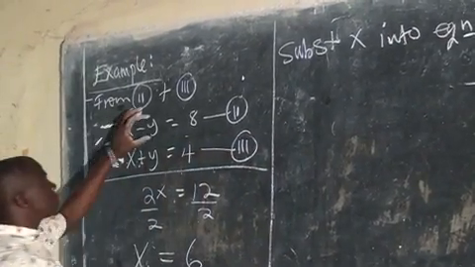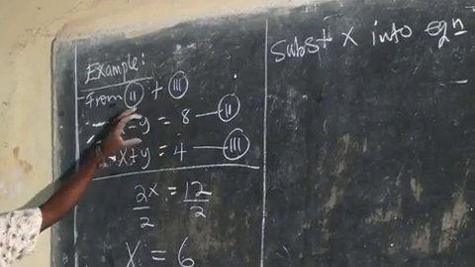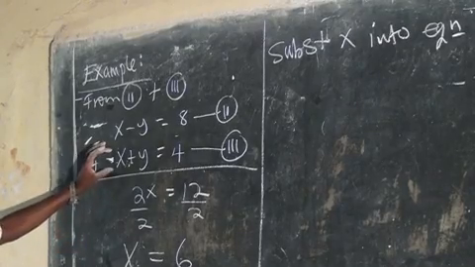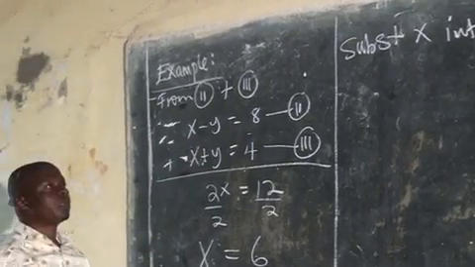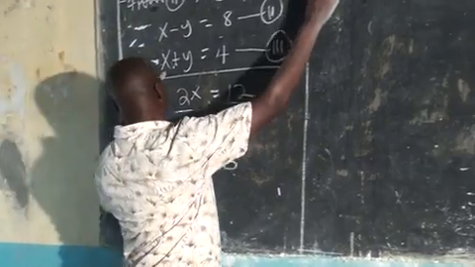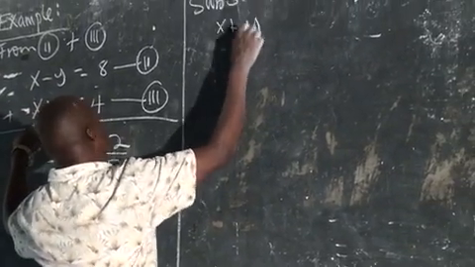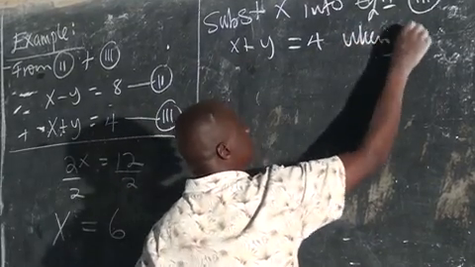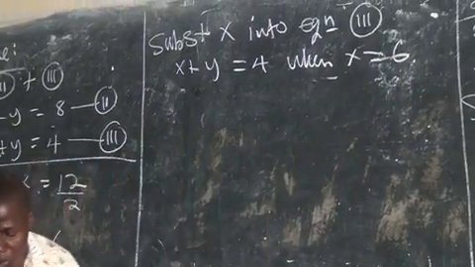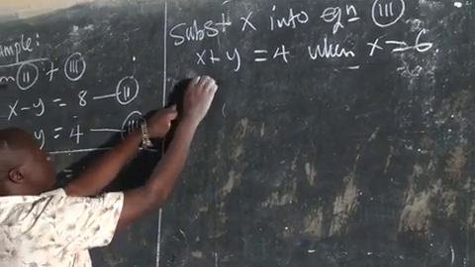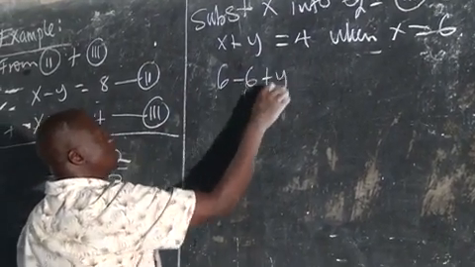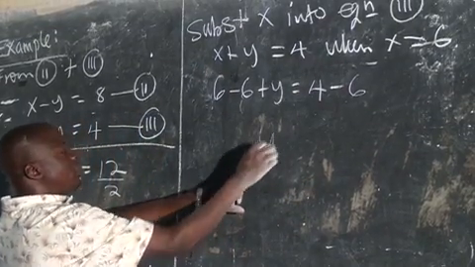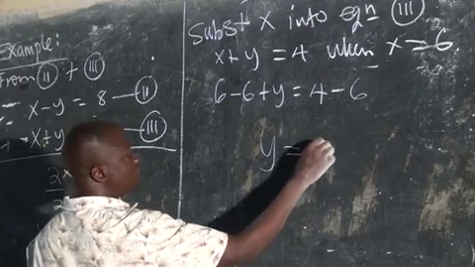You may use equation 2, but I know the majority of you fear the negatives, so go with equation 3, which is with a plus. So we have x plus y equal to 4 when x is 6. For my case, I have 6 plus y equal to 4. Then y equal to negative 2.